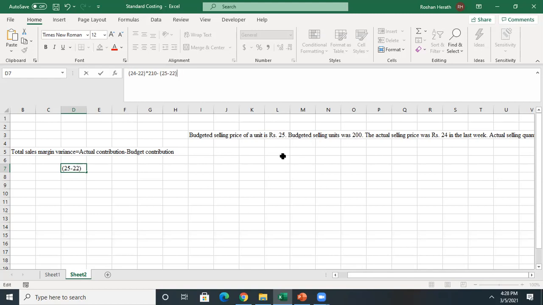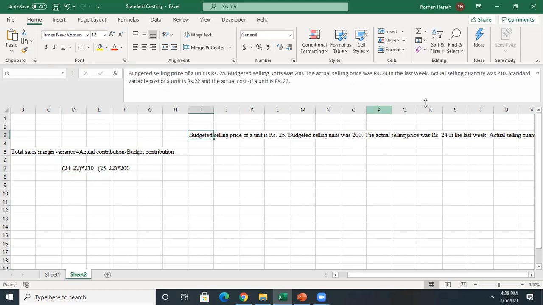You thought of selling 200 units. So that's the budgeted contribution. The most important thing to notice is that in both the actual contribution and the budgeted contribution, you are taking the standard variable cost.